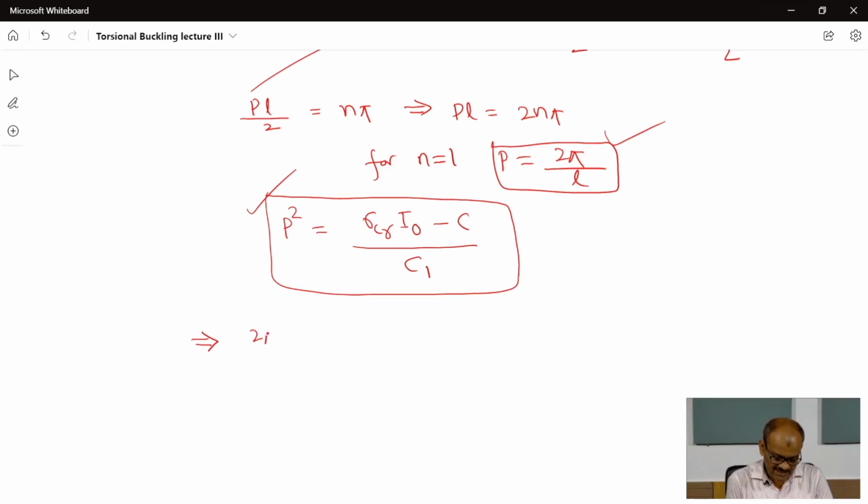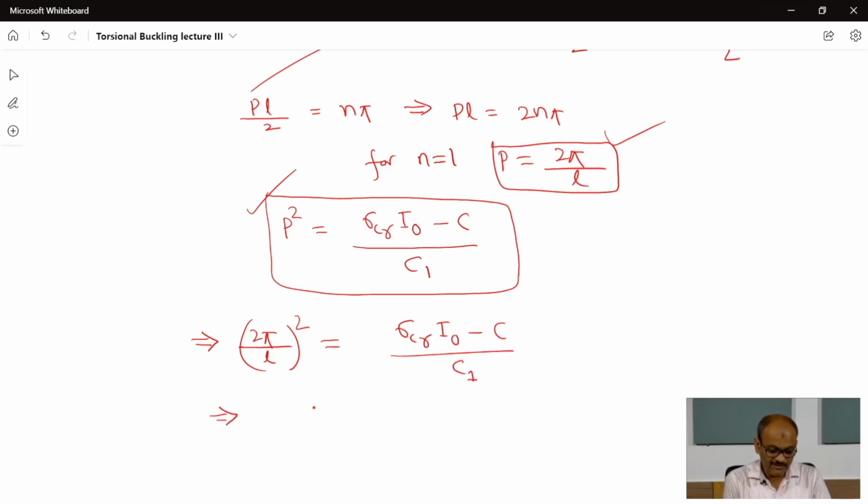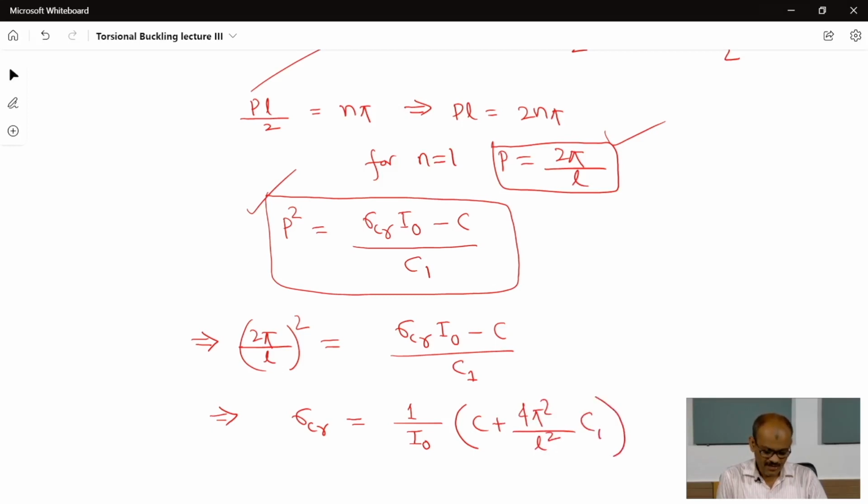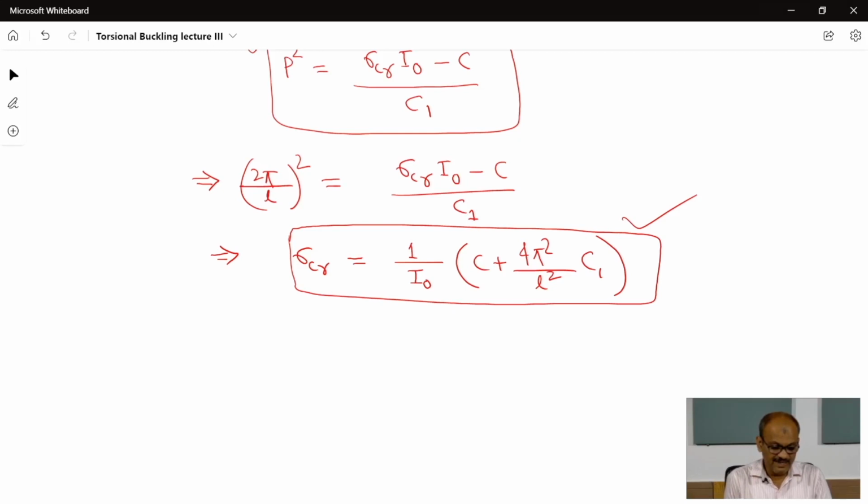So you can write 2 pi by L whole square is equal to sigma cr I naught minus c divided by c1. And if you simplify further, this sigma cr is equal to 1 by I naught multiplied by c plus 4 pi square by L square into C1. This is the expression for sigma CR.